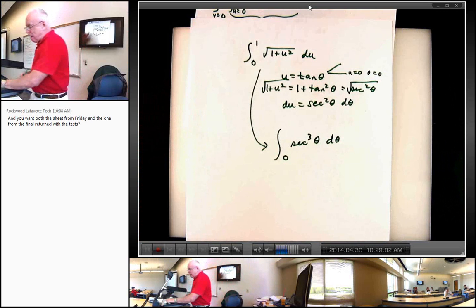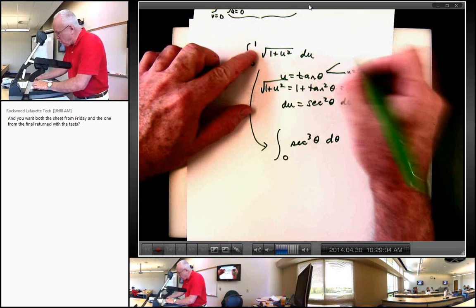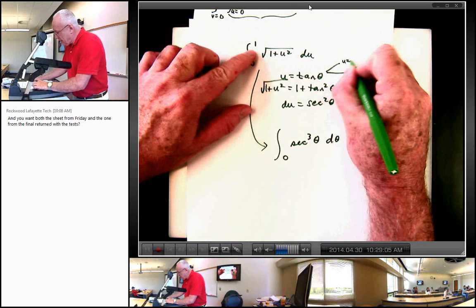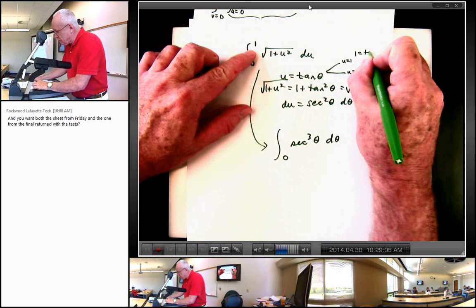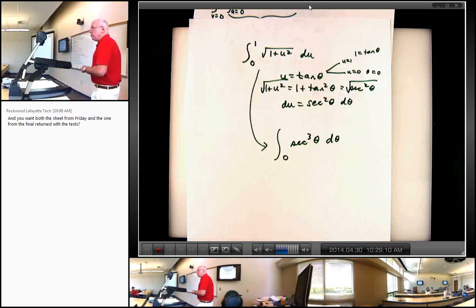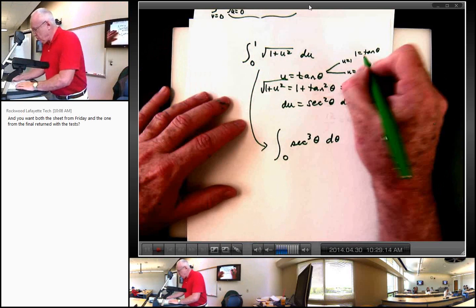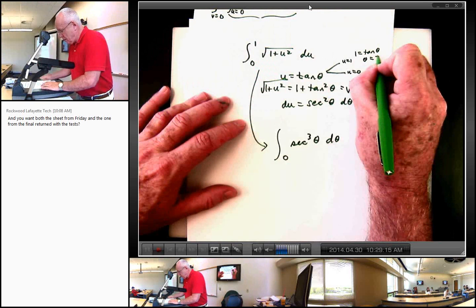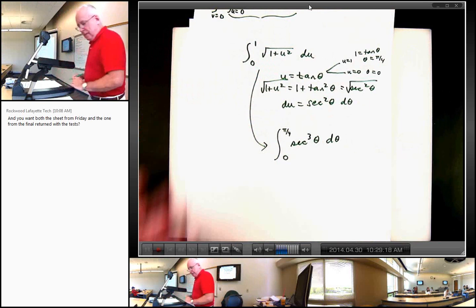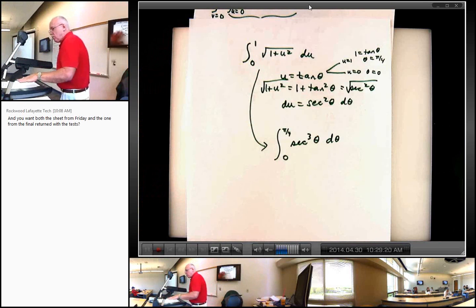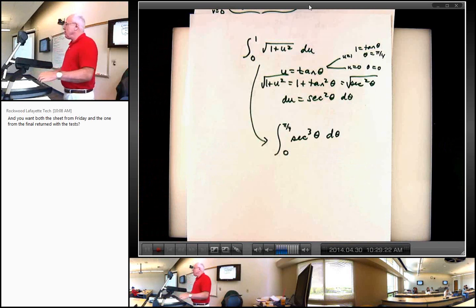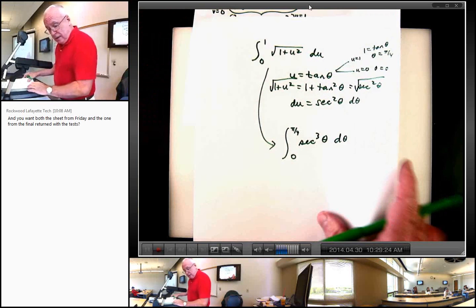And then the top, when we have u equal to 1, so we'd have 1 equals the tangent of theta. What would our upper limit be? Pi over 4, right? Okay. And I mean, it's fine.